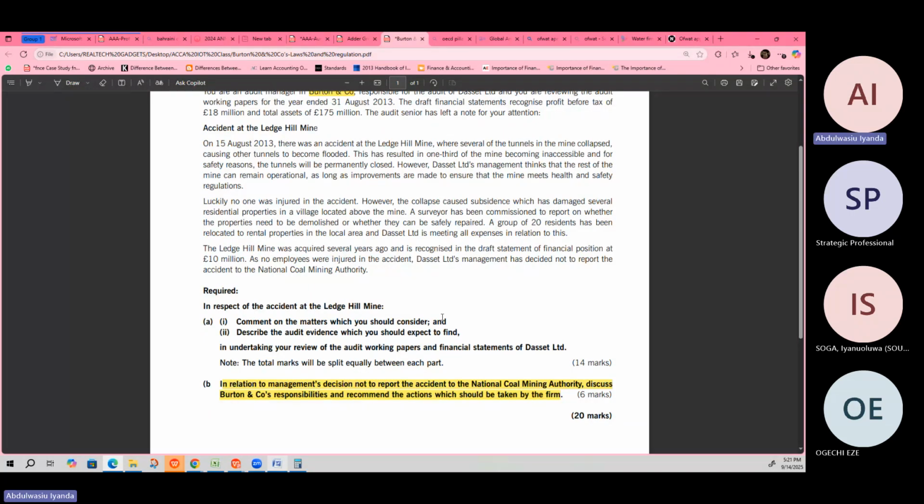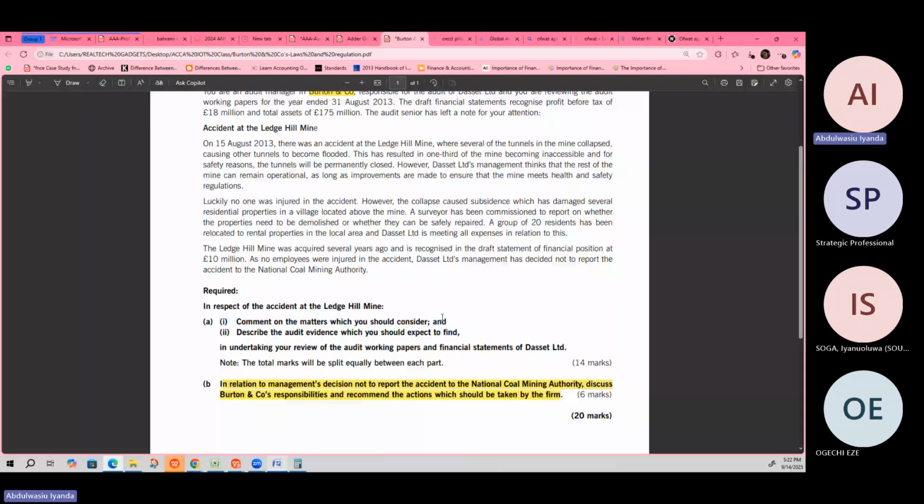A surveyor has been commissioned to report on whether the properties need to be demolished or whether they can be safely repaired. A group of 20 residents has been relocated to rental properties in the local area, and the company is meeting all expenses in this relation.